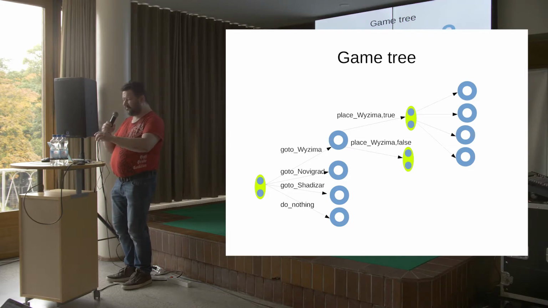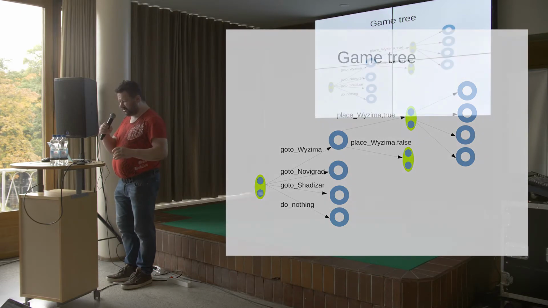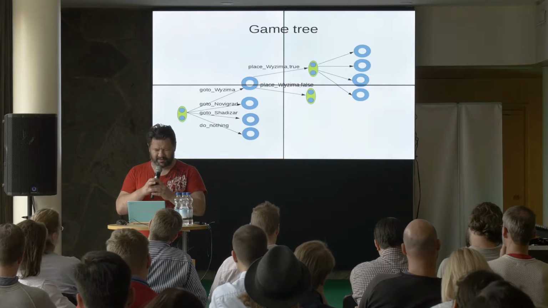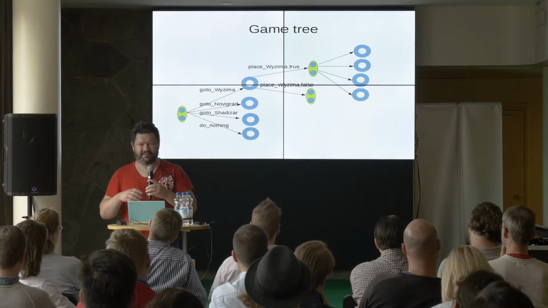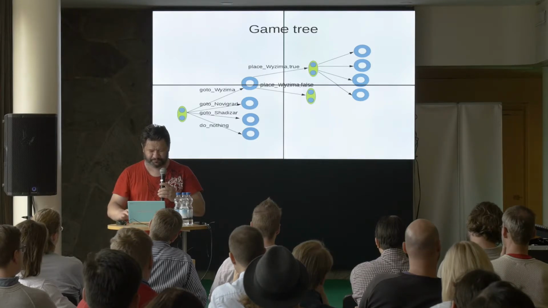If we don't see the vampire, for example, and we just started, then we will think that the vampire is in Novigrad or in Shadizar. But if we have been to Shadizar just before, then we will know that the vampire is in Novigrad. If I didn't make a mistake, then you know what I mean. So this is a game tree.